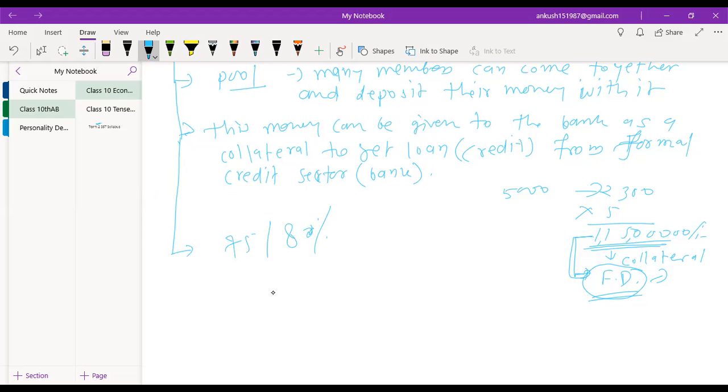In the sense, the cooperative bank would get 75 or 80% maximum. Sir, if that's the case, then that's a loss for the cooperative bank. Then why don't they just use the money they have pooled? That is the question, because it is collective money. Suppose one member asked the other members to collect some money and give it to him, it is not possible.